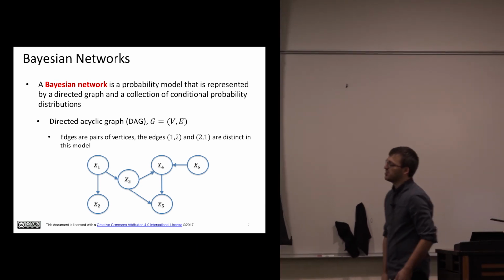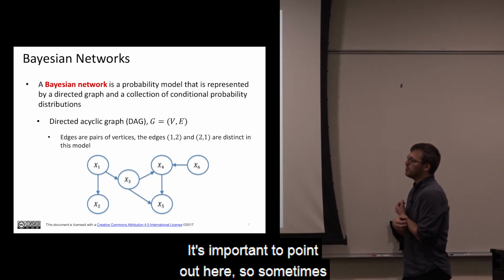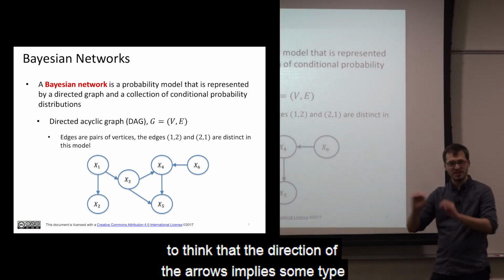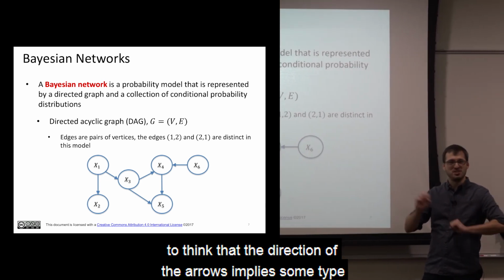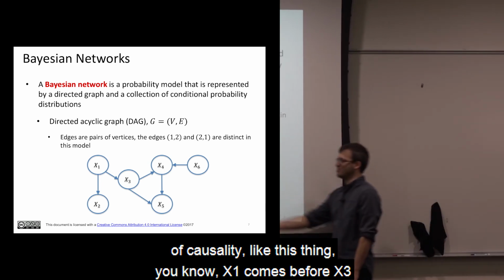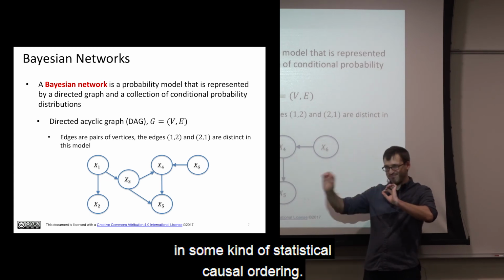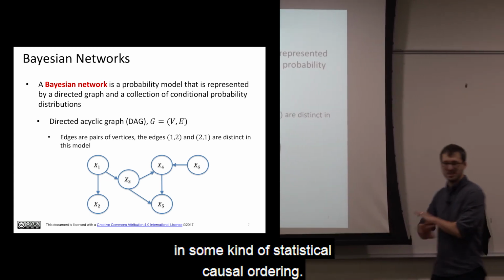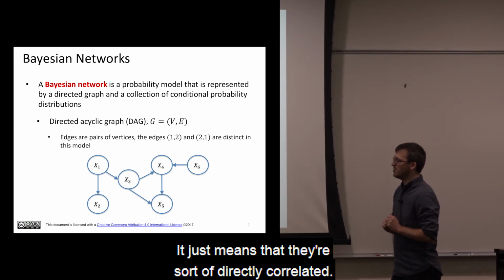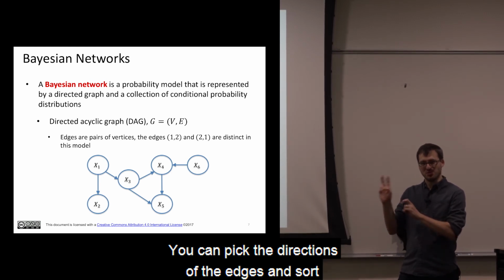It's important to point out that sometimes when people first see these types of models, it's tempting to think that the direction of the arrows implies some type of causality, like x1 comes before x3 in some kind of statistical causal ordering. That's not what this means. It just means that they're directly correlated. You can pick the directions of the edges and still have equivalent models.